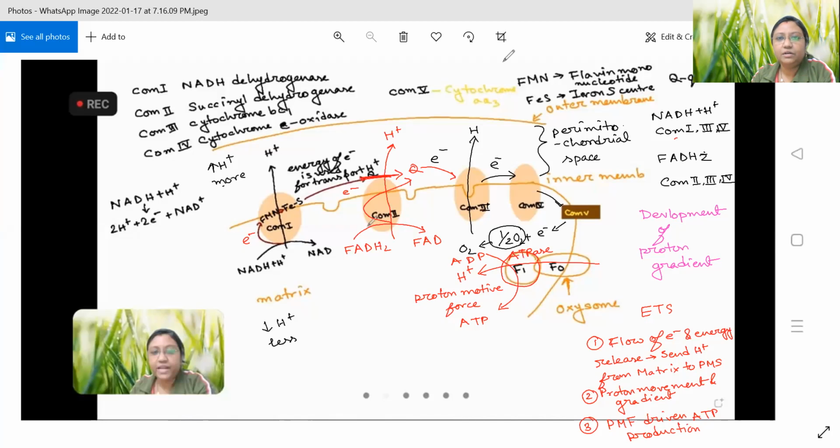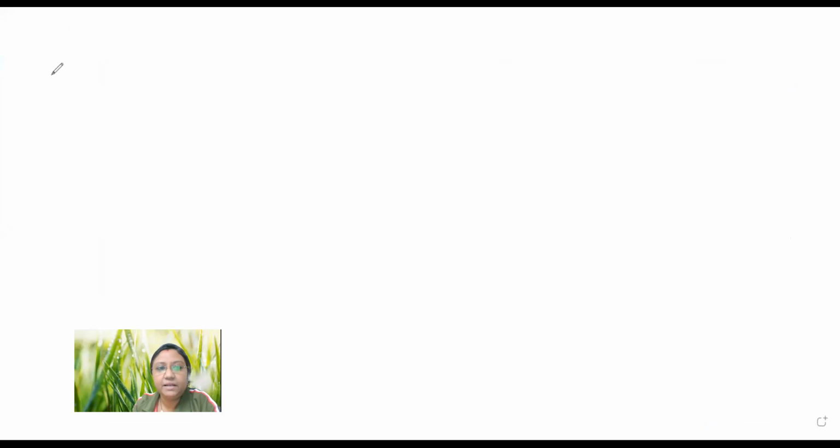So we will talk about the next important part. I'll make you know how NADH is producing 2.5 ATP. Actually, you know that in case of NADH plus H plus, it is passing through complex 1, complex 3 and complex 4.